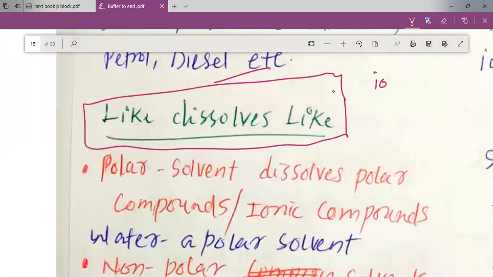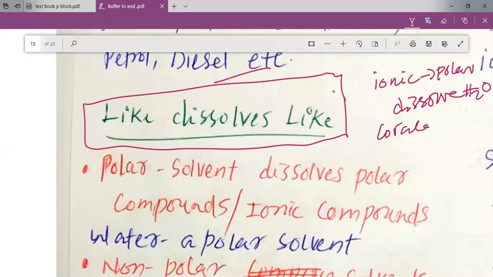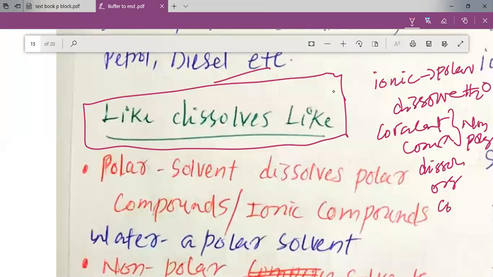That means ionic compounds which are polar dissolve in water, which is a polar solvent, but covalent compounds which are non-polar generally dissolve in organic solvents such as benzene, carbon tetrachloride, diesel and petrol.